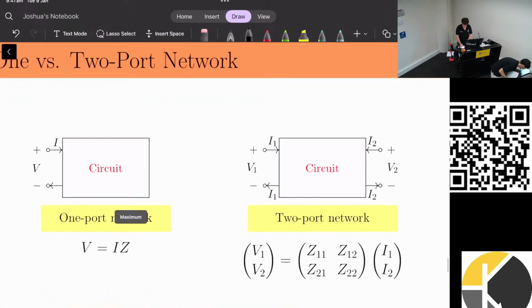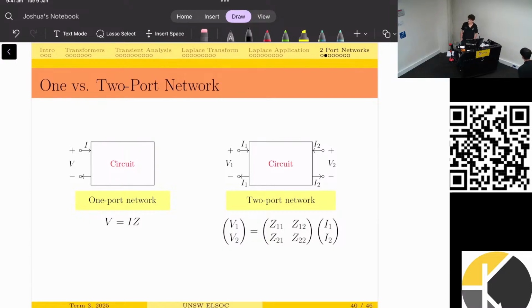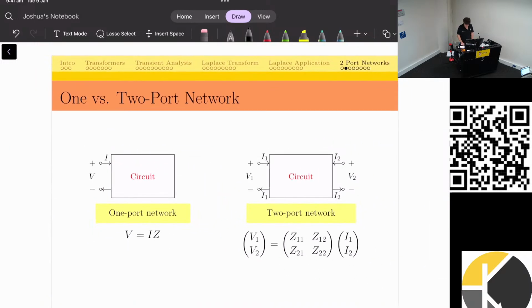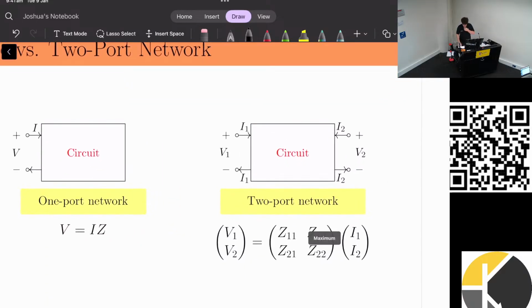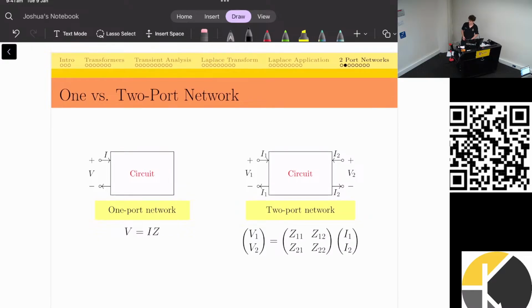Okay. You guys have been doing one-port networks forever now. That's when you have a single number, or complex number, to represent an entire circuit. Z, right? Now, we're going to ask ourselves a question. Instead of just having one voltage and one I going in and out, what if we have two?